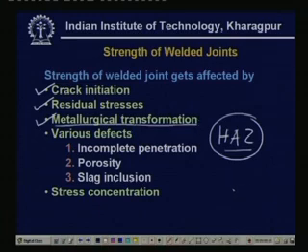There may be various defects possible, because welding could be considered to be a solidification or casting process. All the defects present in the casting process will be present in the welding as well. So there may be incomplete penetration, porosity, and slag inclusions or foreign element inclusions, which may also reduce the strength of the joint.